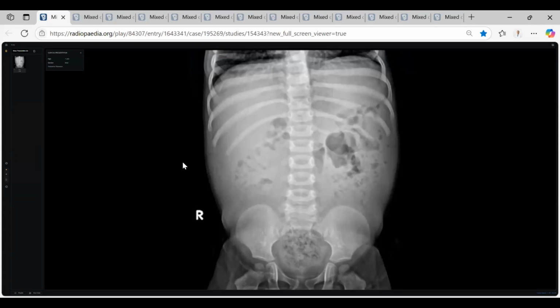Yes. So I'm suspecting that this is pneumatosis intestinalis. I would like to rule out if there is any portal gas seen. But I can't see any portal branching gas over the liver.